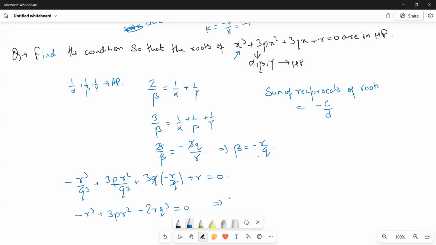We'll end up getting the condition as something like this. अच्छा यहाँ पे तो क्यू स्क्वायर था ना, तो एक क्यू आ जाएगा और इस पूरे से एक आर कैंसिल हो गया, तो और माइनस एडजस्ट करके दिस विल बी देन 2q³ minus 3pqr plus r square is equal to 0.